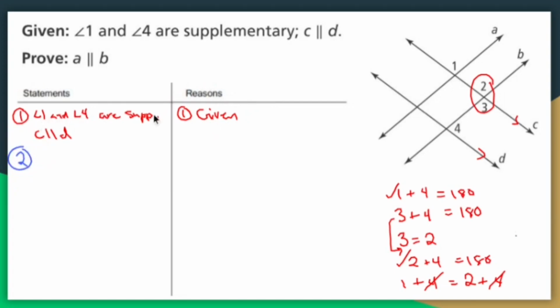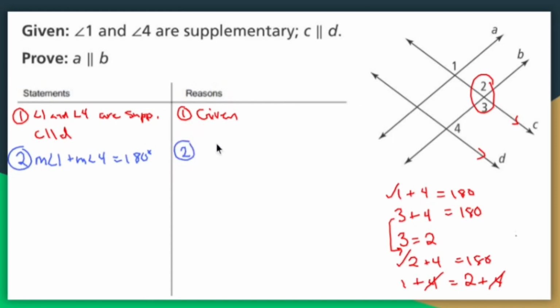Now, if 1 and 4 are supplementary, that allows me to say that the measure of angle 1 plus the measure of angle 4 equals 180 degrees. Now, I didn't write all the cute little symbols over here because this is my rough draft. I just have to make sure that I write my symbols over here.